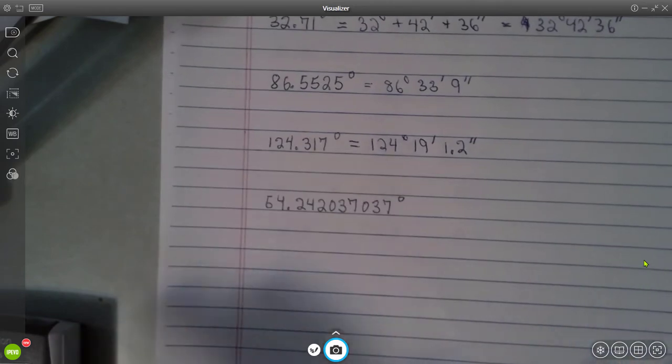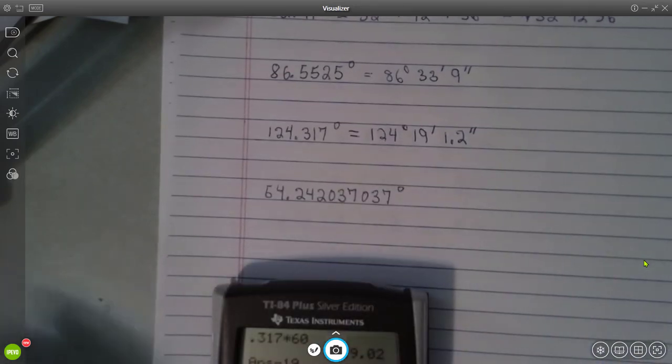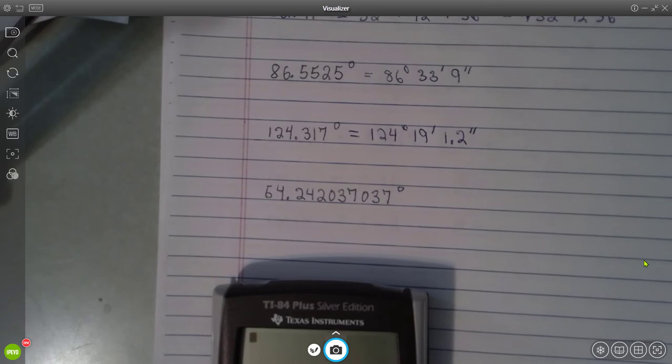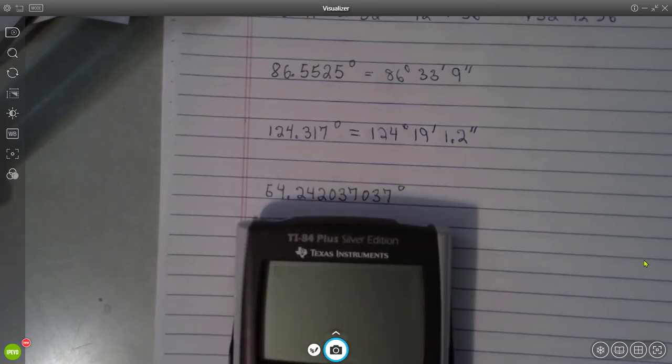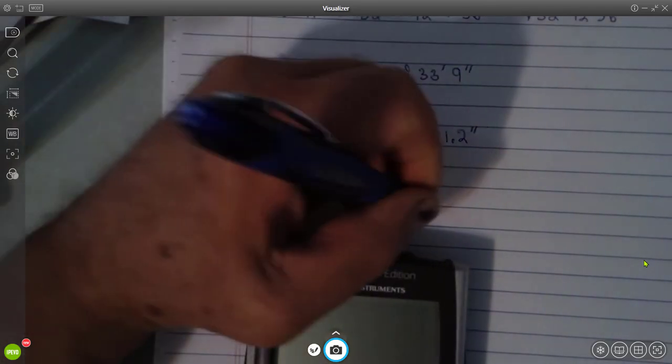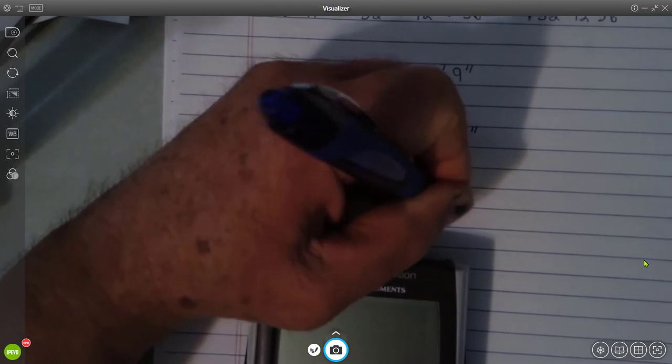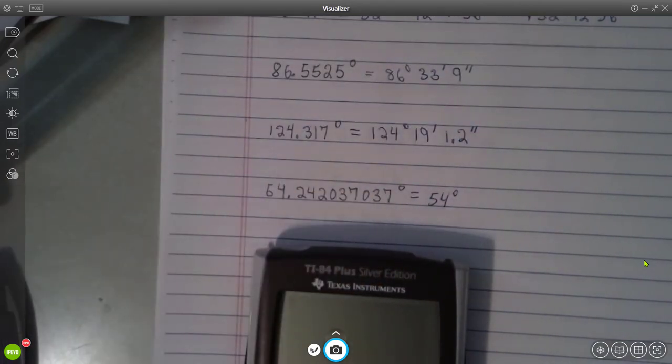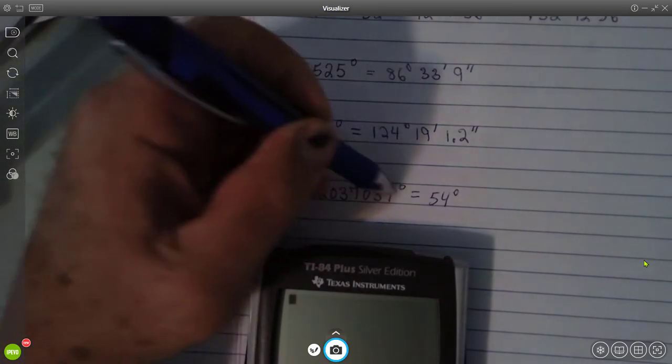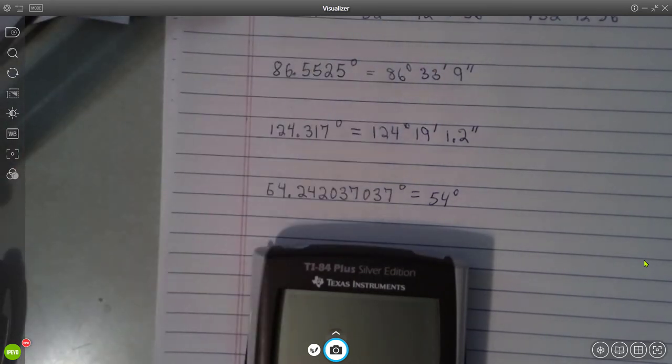All right, let's jump into the last one. This one looks kind of messy, so let's see what it looks like at the end. 54, of course, is the number of degrees, but the part less than 1, the remainder when we subtract the whole number, is what we're interested in. 0.242037037, and we want to multiply that by 60.